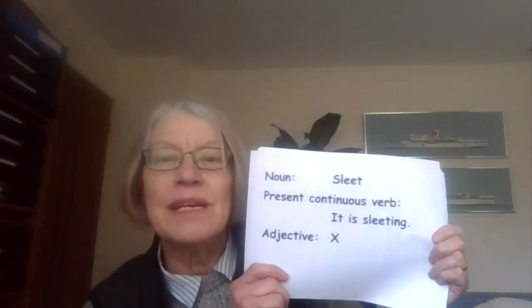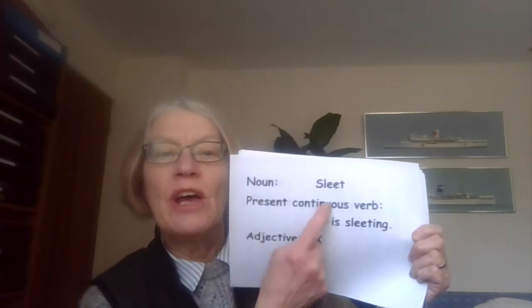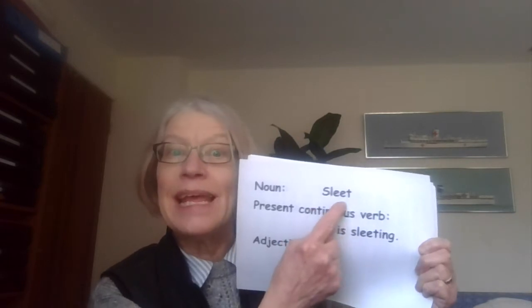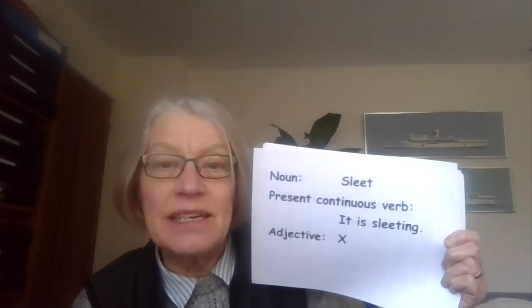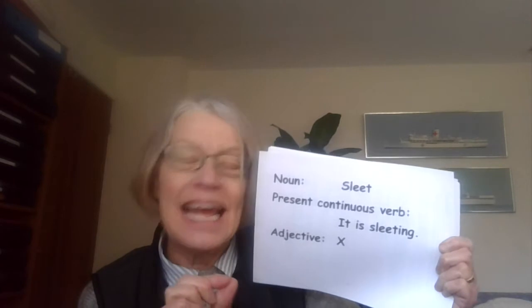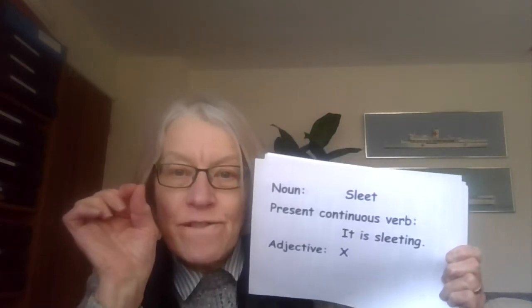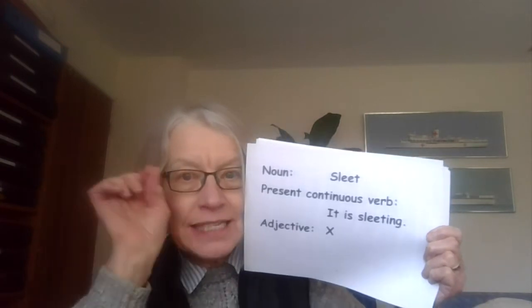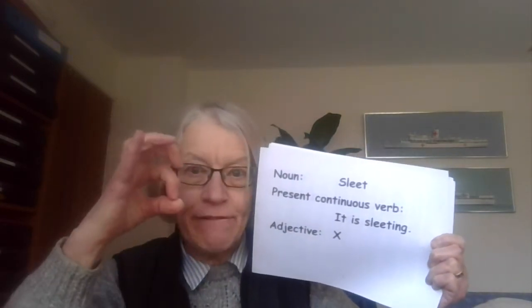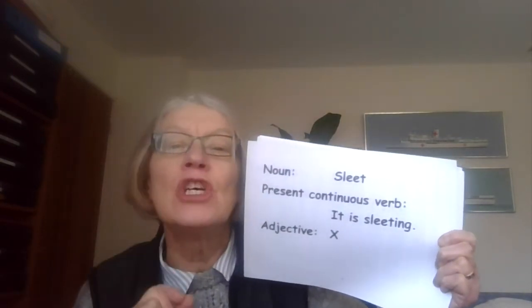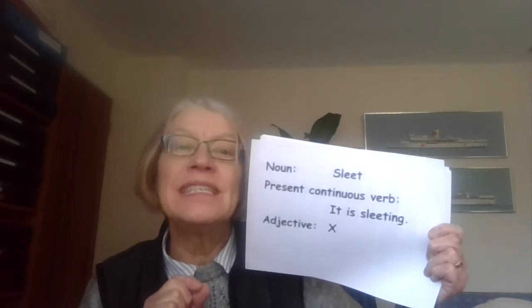Now the next one is a bit more unusual. This word, the noun, is sleet. And sleet is a special kind of snow. Very, very little bits of snow that come down. Not big flakes, but little bits of snow that come down.